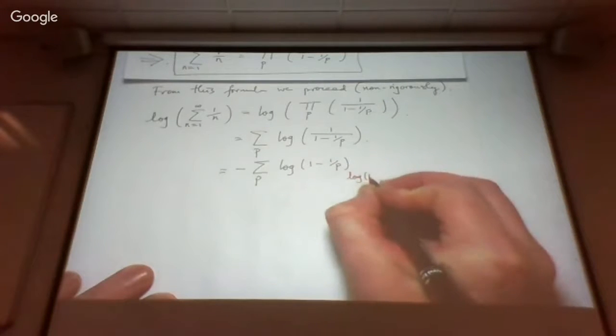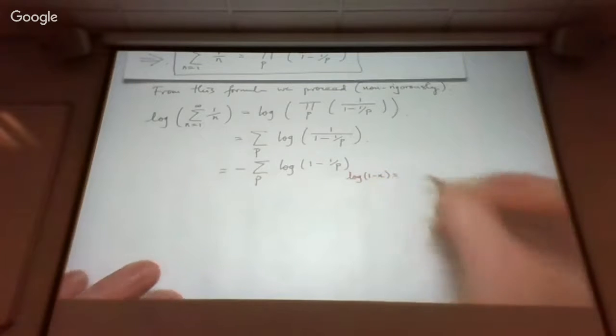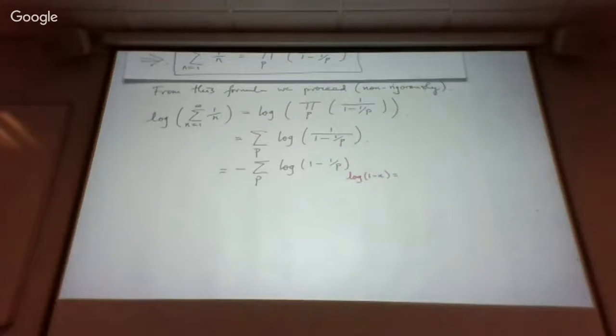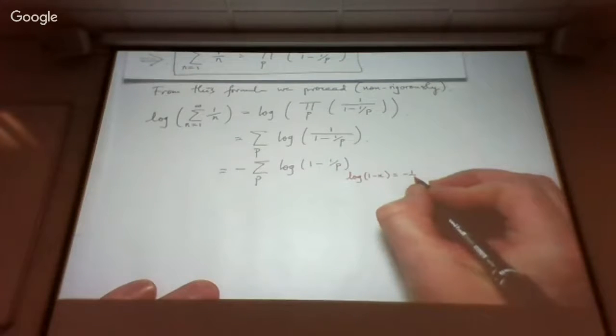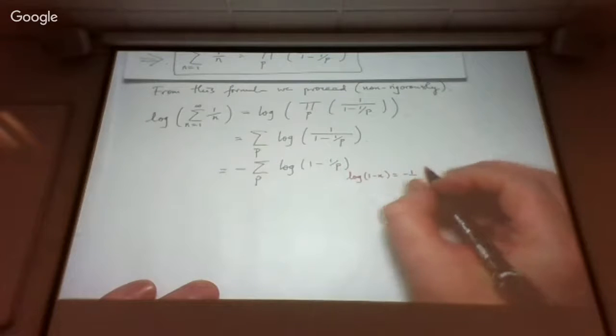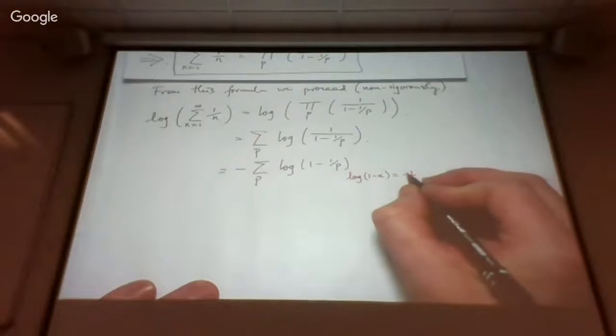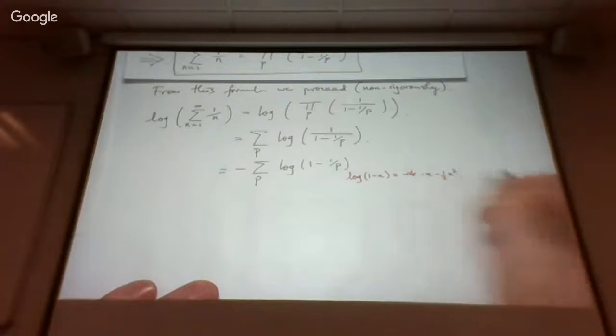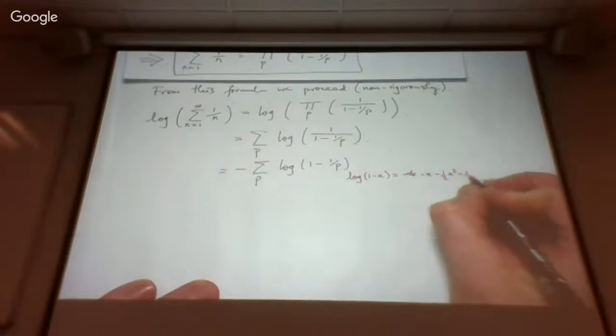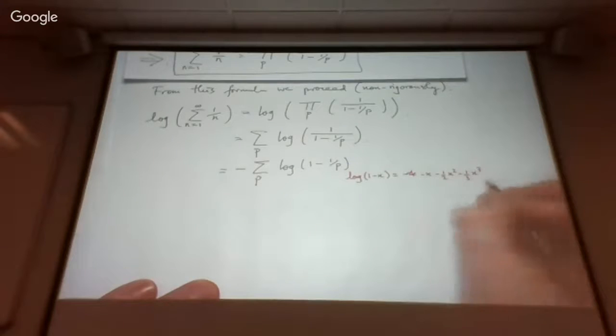The logarithm of 1 minus x is equal to minus x minus a half x squared minus a third x cubed, and so on.